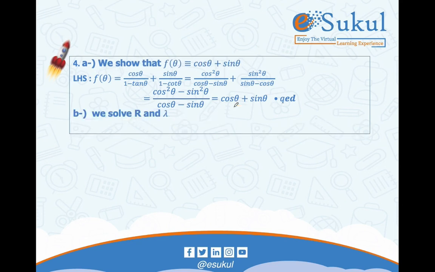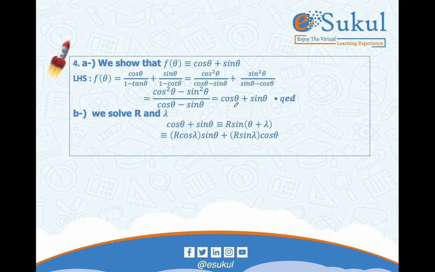In B, we get r and lambda using the wave function. With the wave function, we have an equivalence, which is cos theta plus sin theta equals r sin(theta plus lambda). We use the identity of trigonometry, which is r cos lambda sin theta plus r sin lambda cos theta.